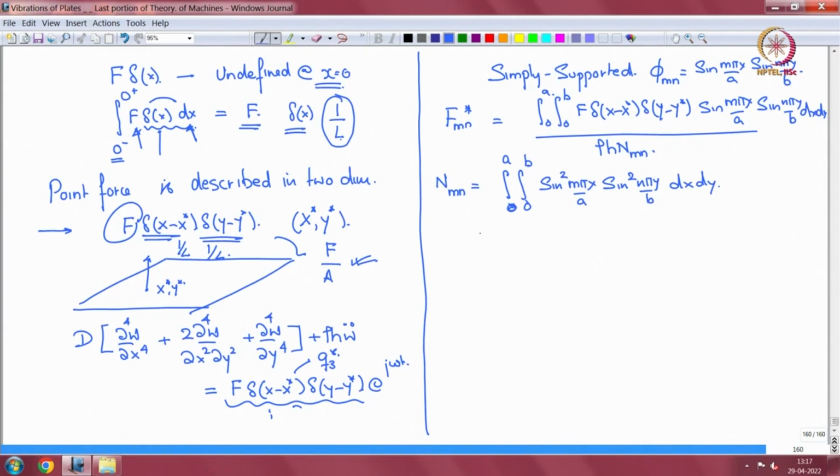That gives me integral 0 to a integral 0 to b of 1 minus cos twice m pi x by a by 2, and 1 minus cos twice n pi y by b by 2, dx dy.